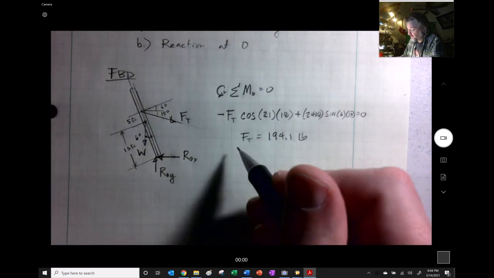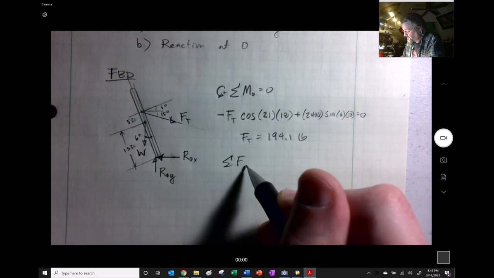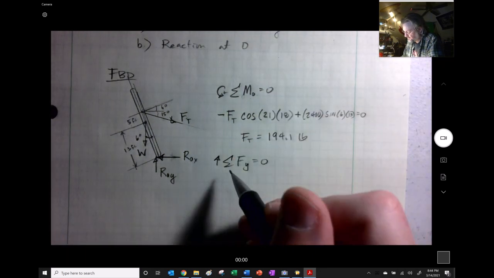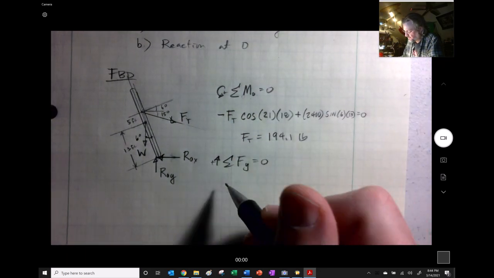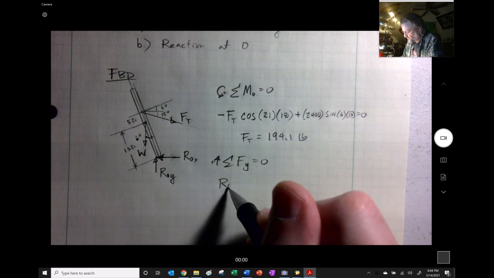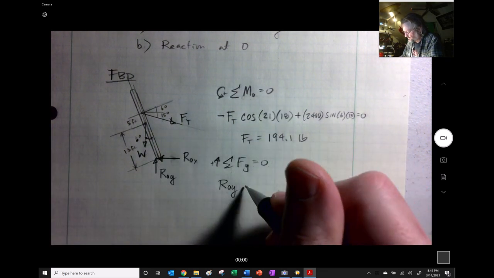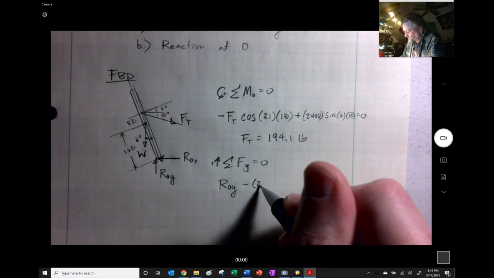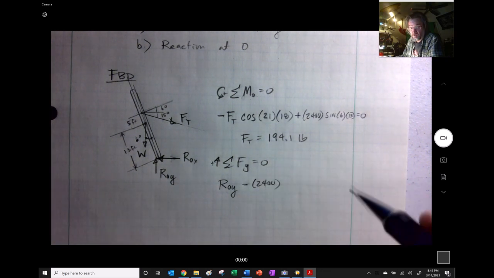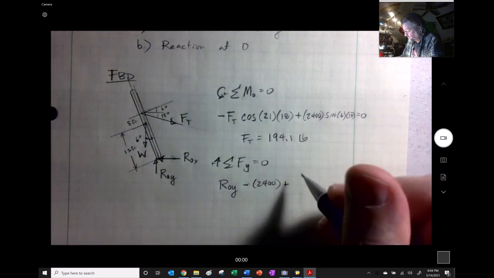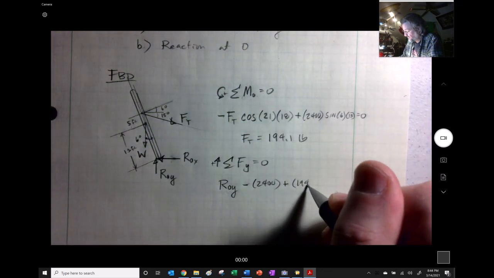You want to find the reactions, sum of the forces in the y direction. We could have done the x direction first. Didn't matter. We'll set it up as positive. We'll go ROY. ROY is positive because he's going up. We're going to get negative of 2,400 because that's the weight. But we're also going to get pulling this down 194.1.